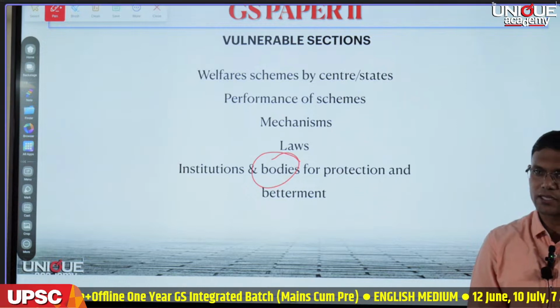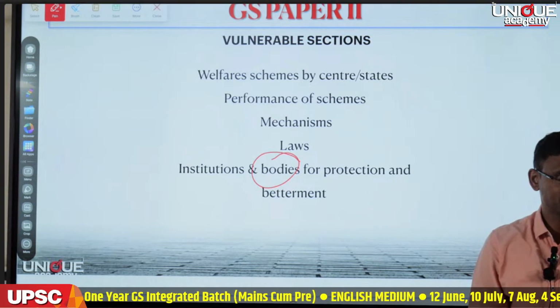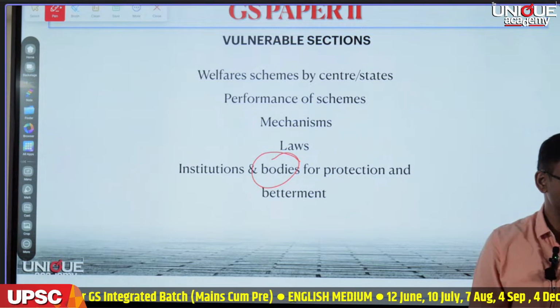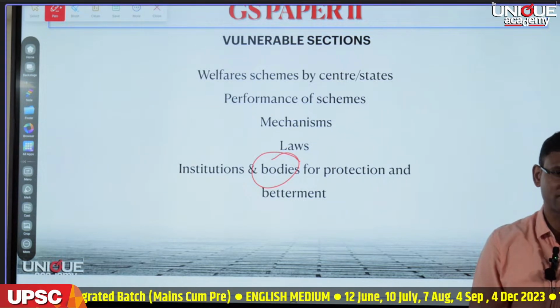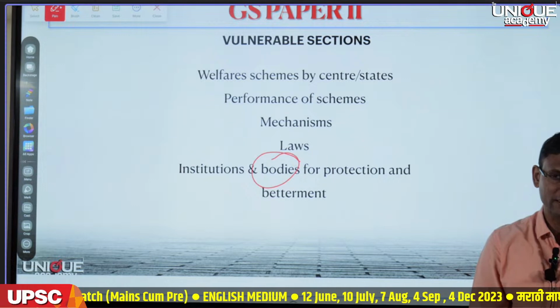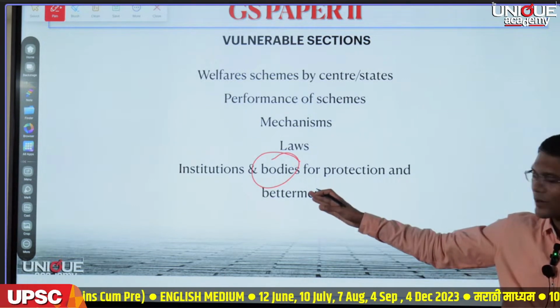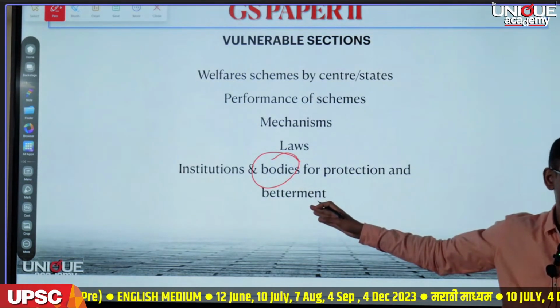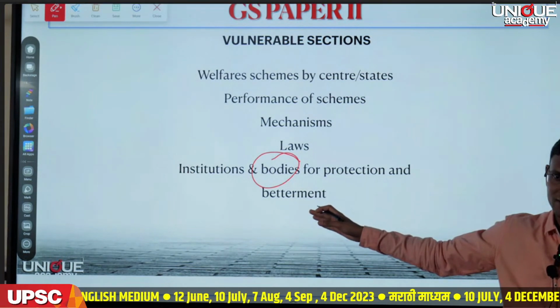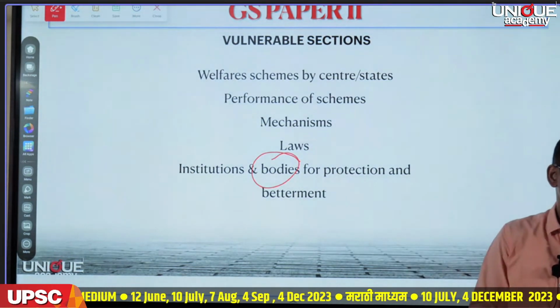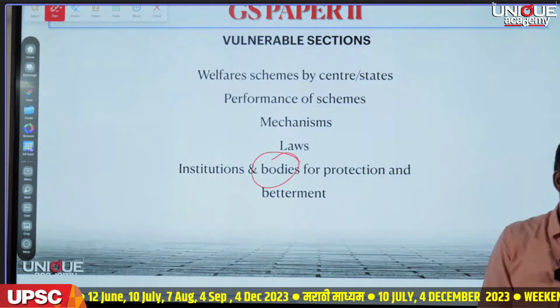Then we have something called the Domestic Violence Act, 2005. What does that act provide for? Basically, the act provides for protection of women against domestic harassment or violence. Right? Recently, the Delhi High Court said that the act doesn't protect men.